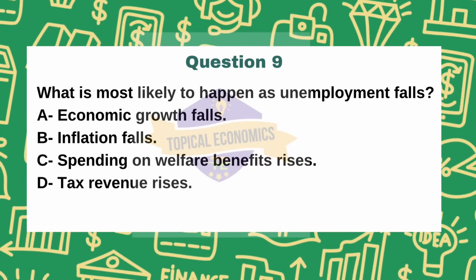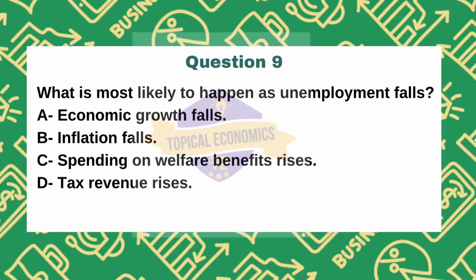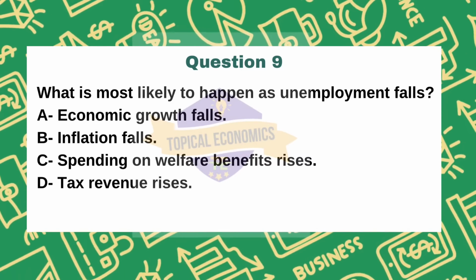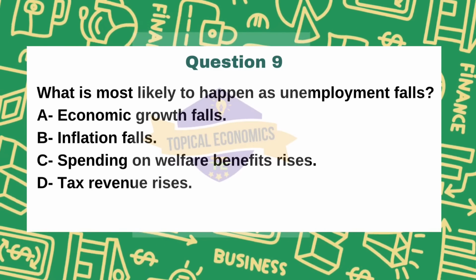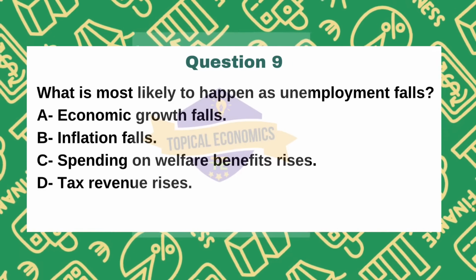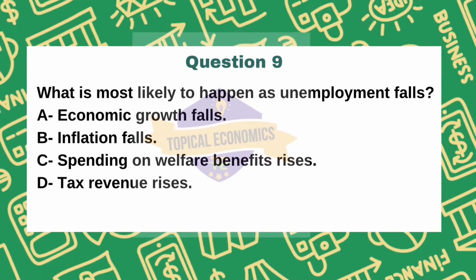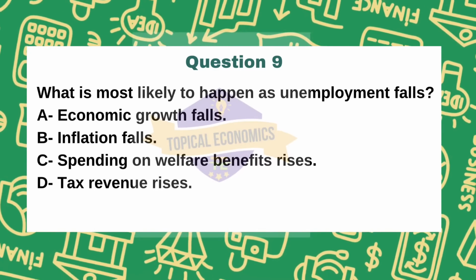Moving to the 9th question. What is most likely to happen as unemployment falls? A. Economic growth falls. B. Inflation falls. C. Spending on welfare benefits rises. D. Tax revenue rises. The correct answer for this question is option D. Tax revenue rises.